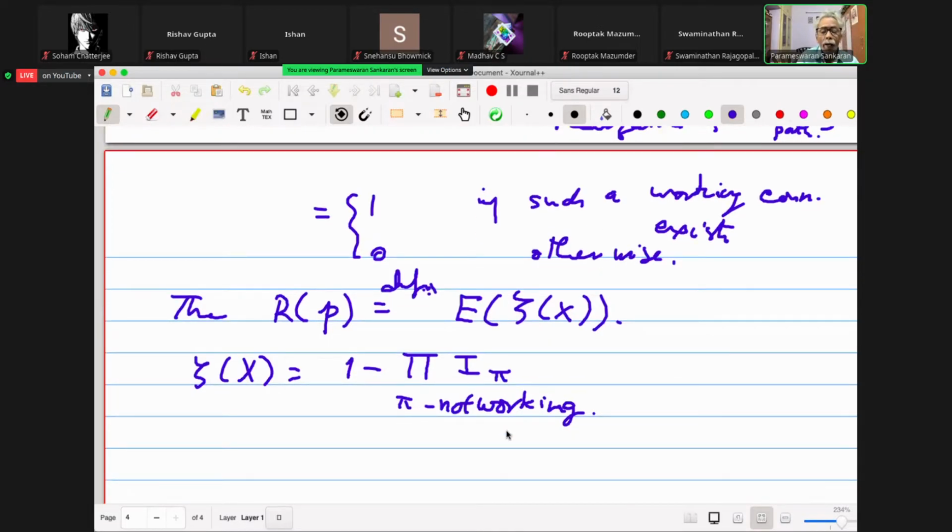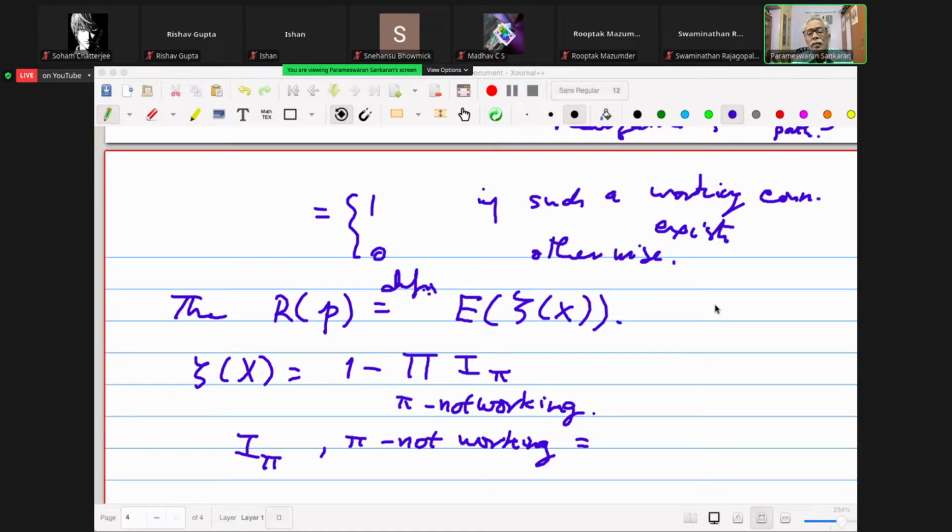But I of pi, this is what I was saying, the indicator function of pi not working, is equal to, so that is what we need to compute.